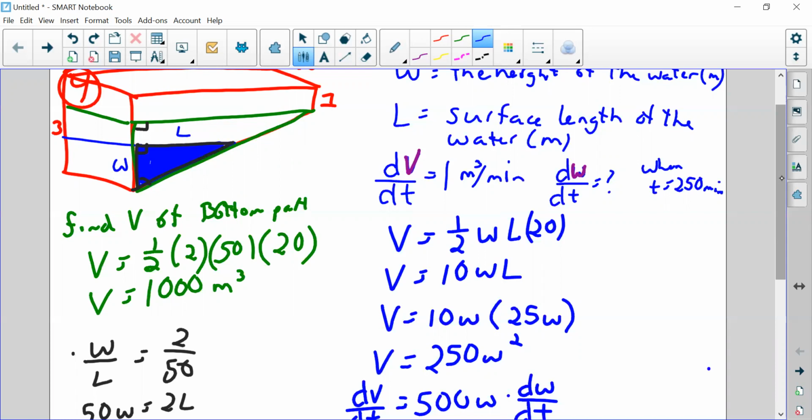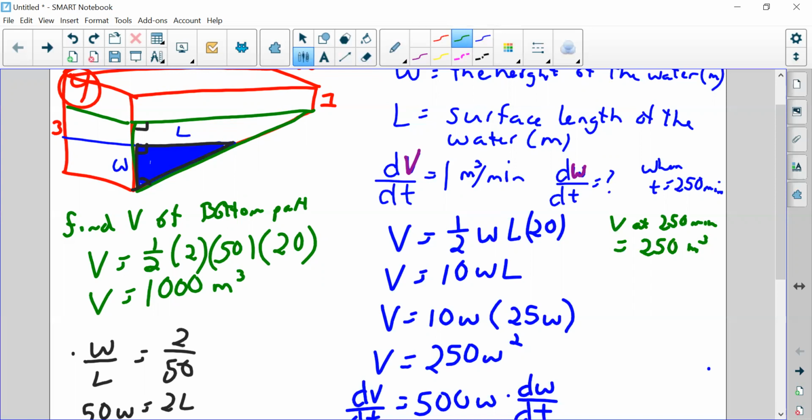So volume at 250 minutes equals 250 cubic meters. How'd you get that? Because the volume that it's filling is 1 cubic meter per minute, sorry. So we know that that volume is that.